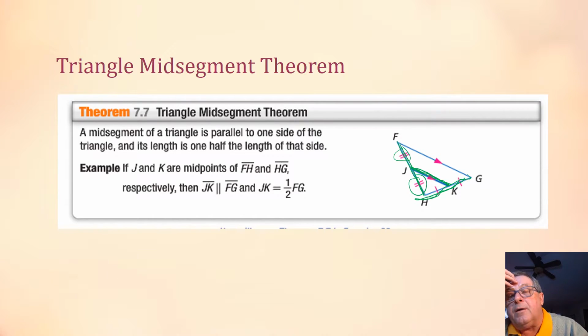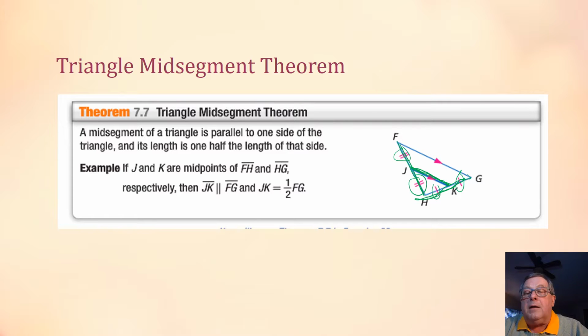We've got a midpoint here at J between F and H because we got two congruency marks. We also have a midpoint here at K because we see the congruency marks here for HK and KG. And that would mean that JK is parallel to FG. And that being the case, since JK is parallel to FG, then JK is 1/2 of the length of FG.